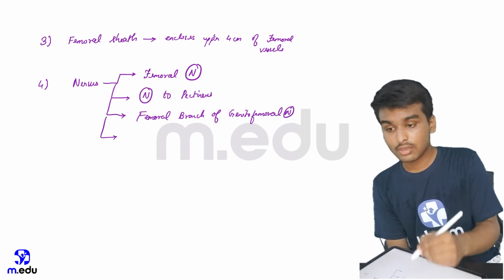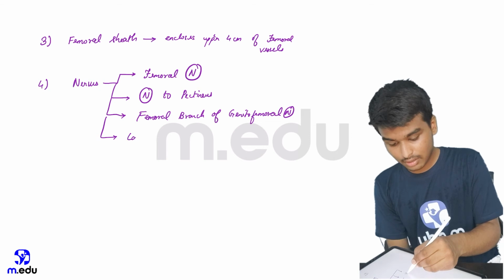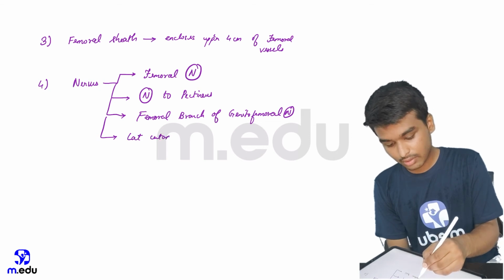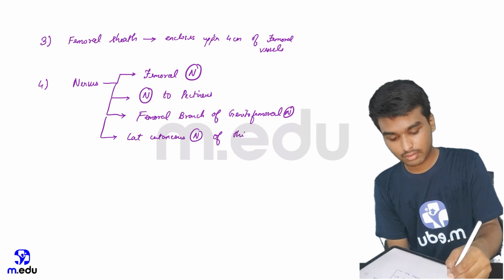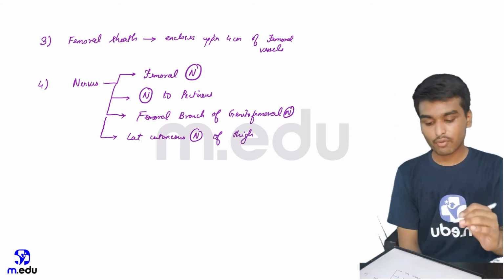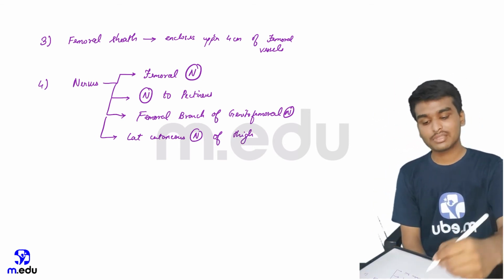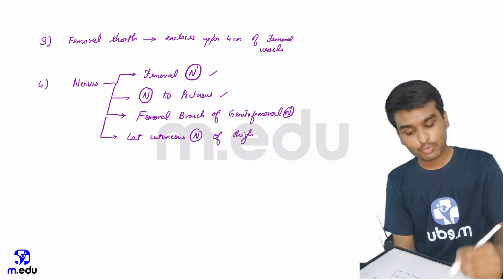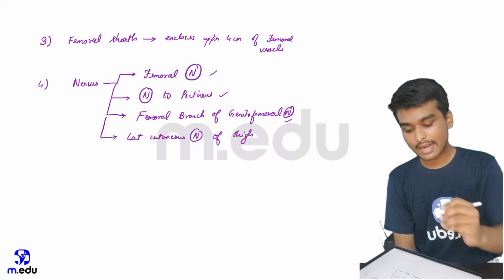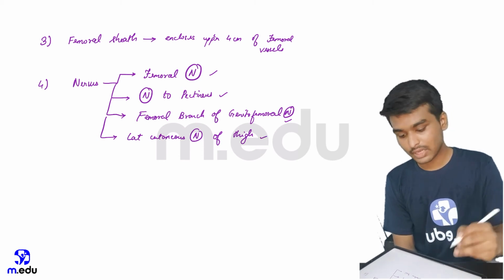And the fourth is lateral cutaneous nerve of the thigh. So the nerves are 4 in number in the femoral triangle. First one is the femoral nerve, second is a nerve to pectineus, third one is femoral branch of genitofemoral nerve, and the last one is lateral cutaneous nerve of thigh.